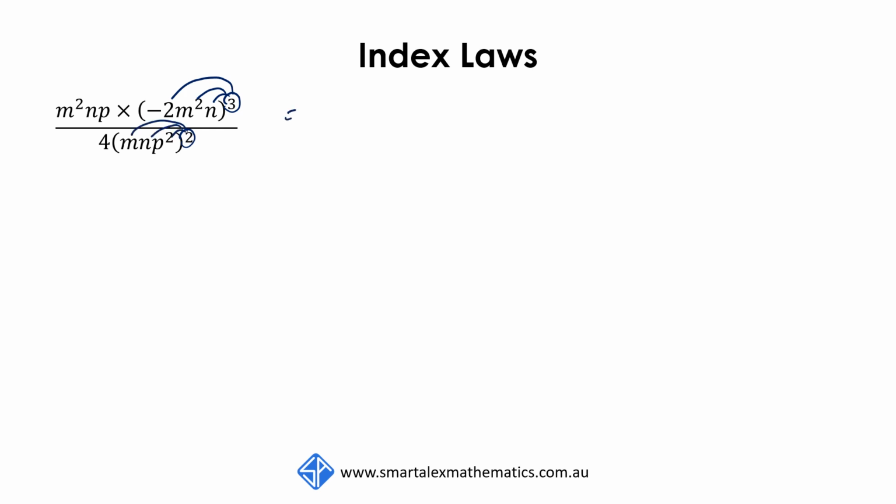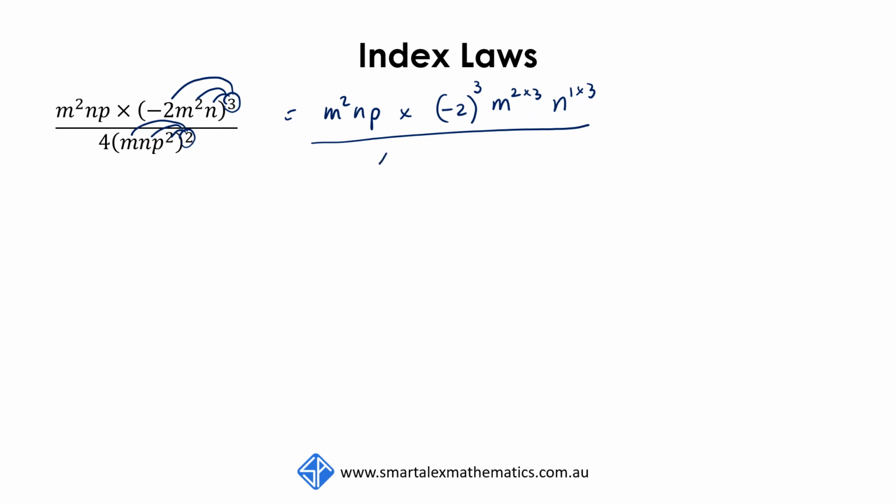The top will then become m squared np times, now be careful, we've got a negative 2, so we're raising negative 2 to the power of 3. We've got m to the power of 2 times 3, n to the power of 1 times 3 on our numerator.